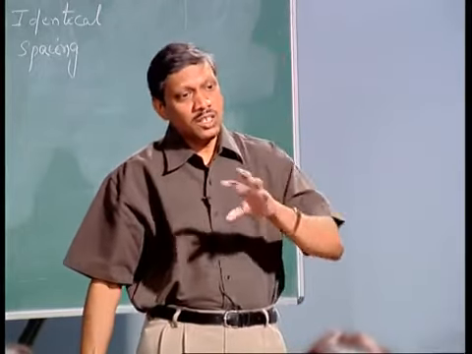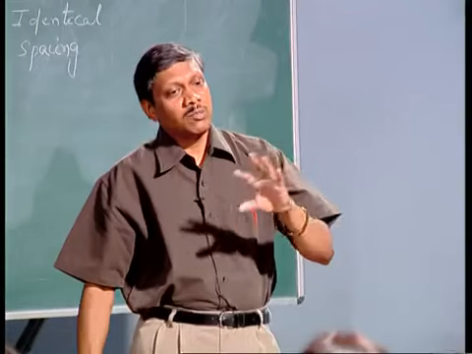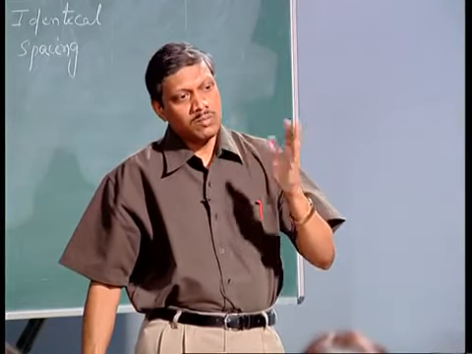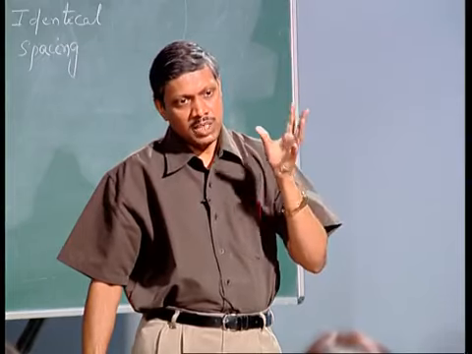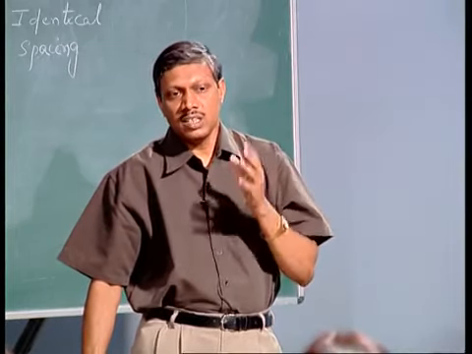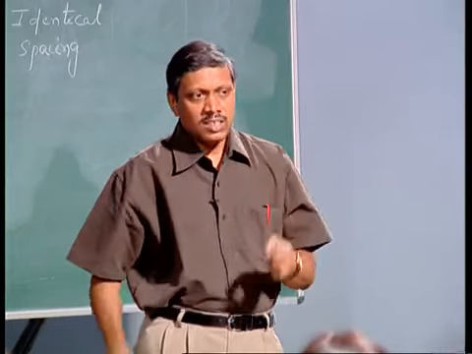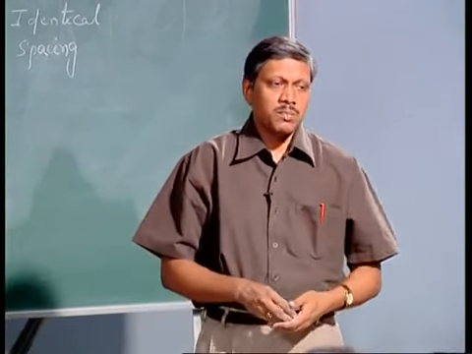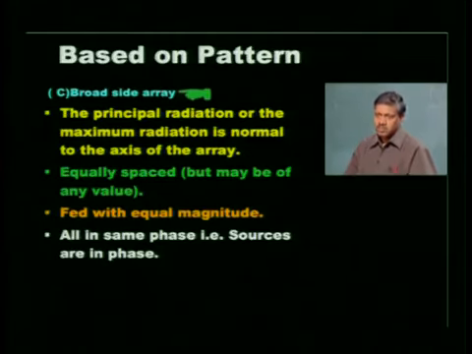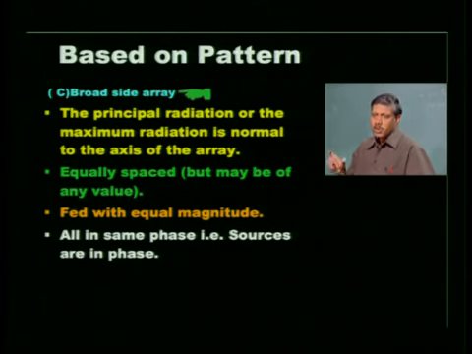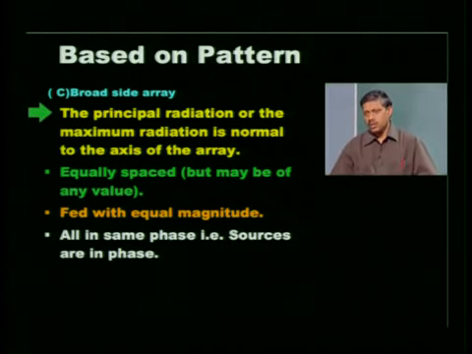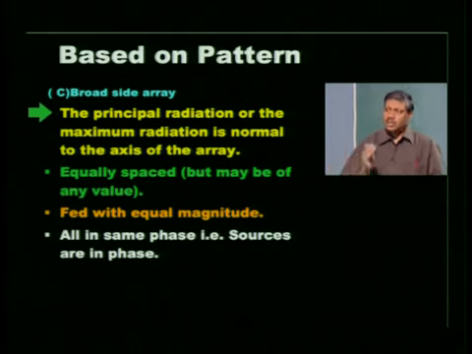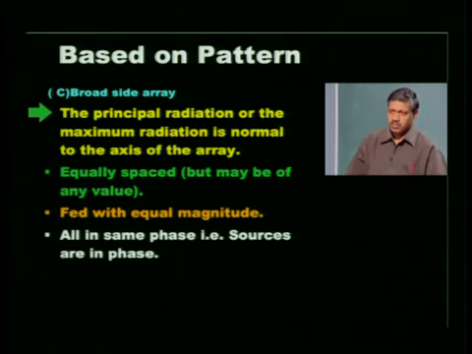Now, we are looking at the space parameter, which means our prime attention will be on the pattern, and based on the pattern, how do we classify the antenna array. In that group, the first is the broadside antenna array. If you see here, the principal radiation, the maximum radiation, is perpendicular to the array axis.